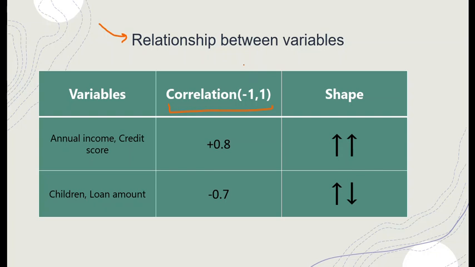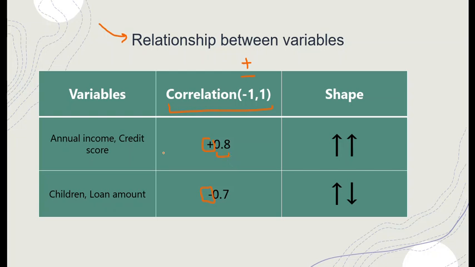If the sign is positive, it means that as one variable increases, the other tends to increase as well. If the sign was negative, it means that there is a negative relationship, and therefore, as one variable increases, the other tends to decrease. So in this case, we'll pay attention to the sign that comes before the number, right? As well as whether the value that comes after it is close to 1 or -1.